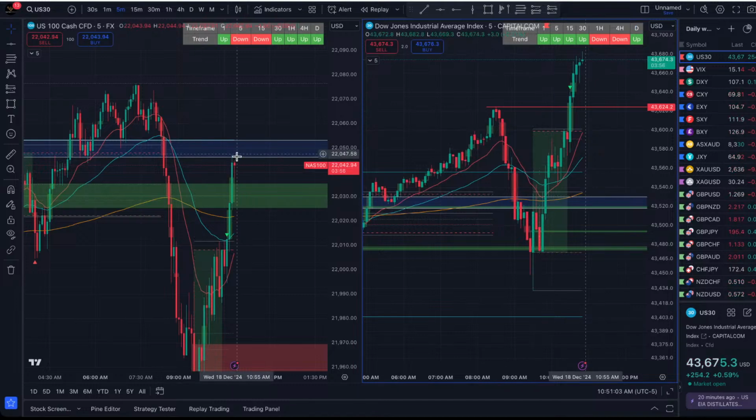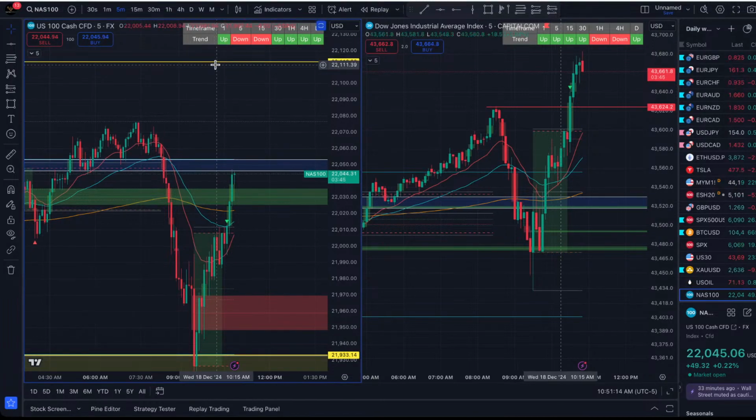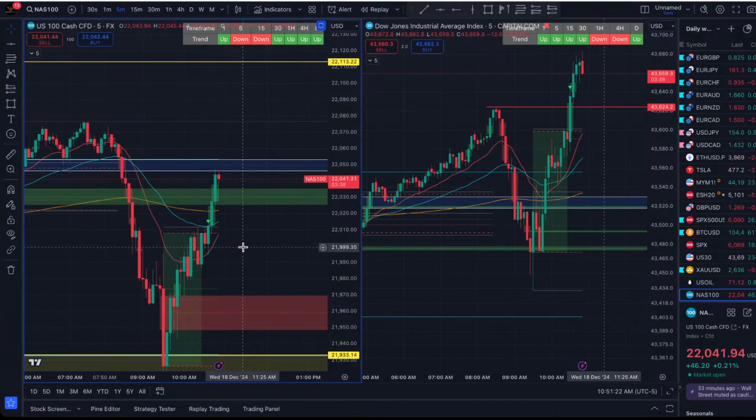So we've touched the blue zone. Again, I'd like to see it push through this and use the other side of it to then get up to the previous day high. We do have a confirmation, obviously, so this might be one of those days where we don't get a deep enough retracement.